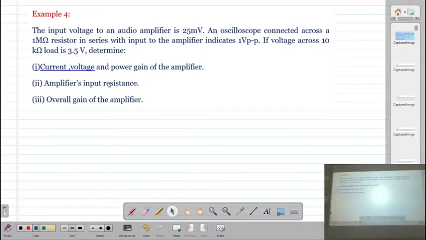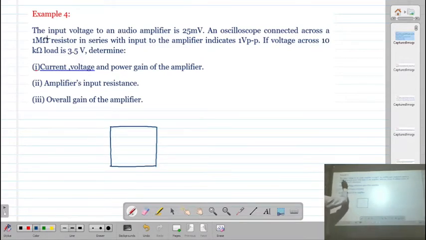So first of all, you have to read the problem, and then you have to imagine the circuit, what is connected and what kind of data is given to you. So here you can say that the amplifier is there, this amplifier, correct?